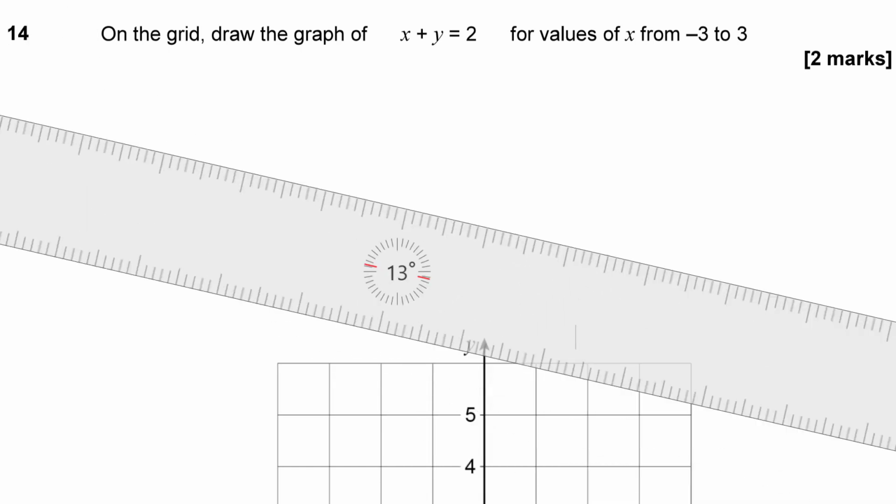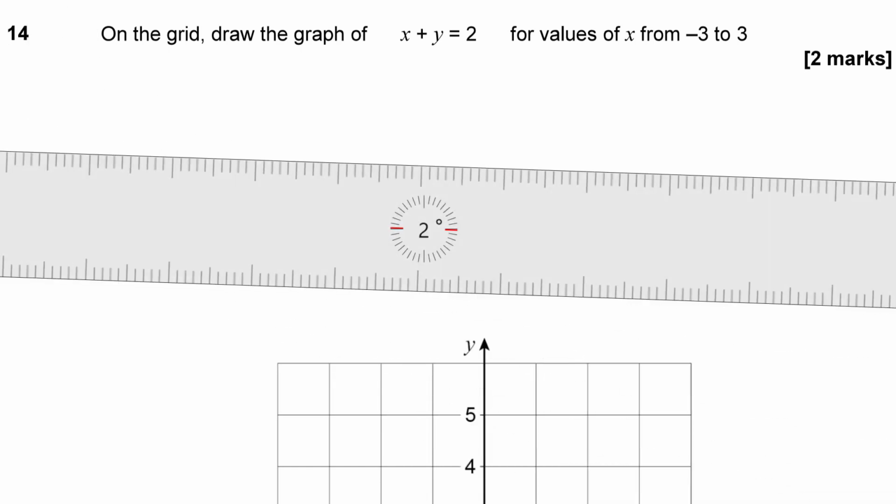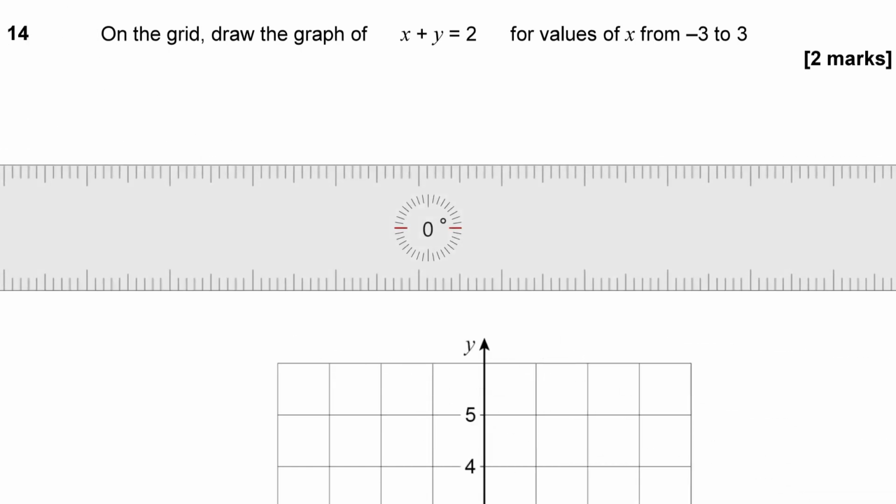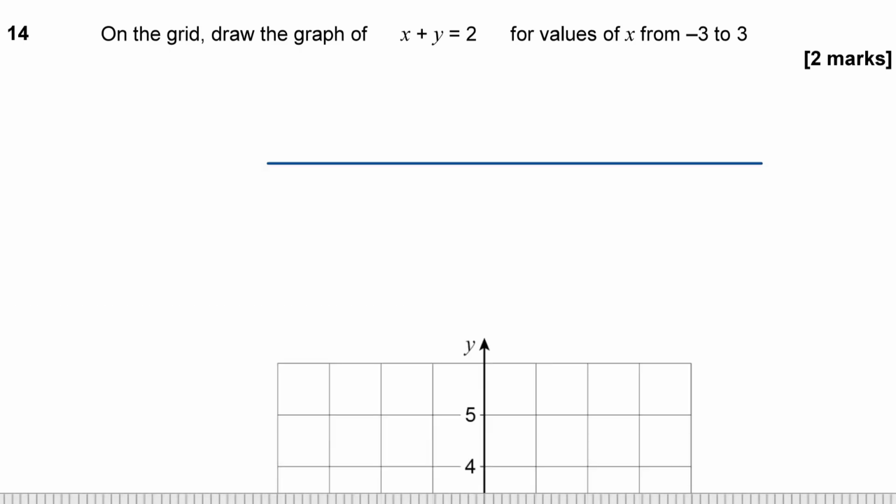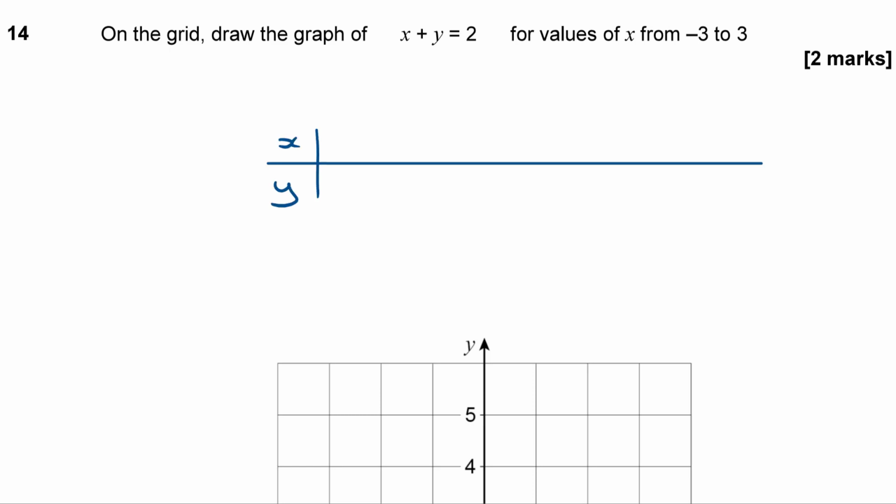So pulling up a ruler, let's make a little table for our x values and our y values. Okay, so we know that this range goes from -3 to 3. Now you need a minimum of 3 points, but there's no harm in doing a few more. So -3, -2, -1, 0, 1, 2, 3.